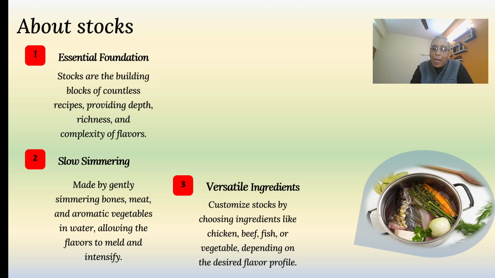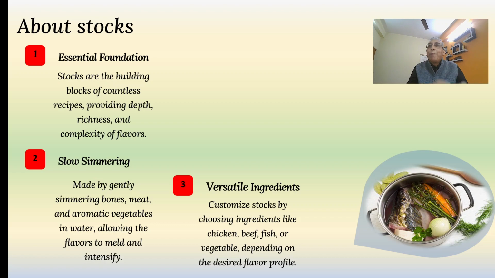So we can use almost everything in stock, depending upon what kind of flavor you are looking for. If it is a chicken product, chicken stock. If it is a red meat product, then red stock. Can be beef, lamb, or veal. Even you can make it with vegetables. So all these things can be utilized for making a stock, and it can be customized, so it has versatility.